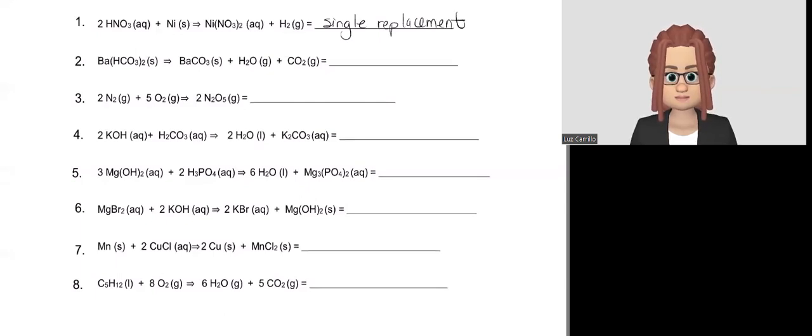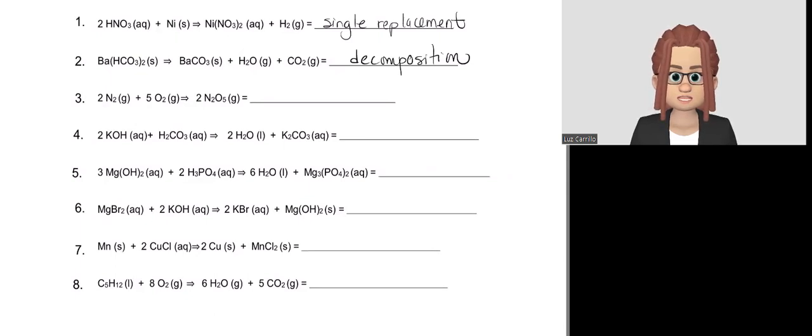When we look at the next one, we can observe that we have BaHCO3, and overall that produces BaCO3, water, and CO2. So in here, since we go from one substance into making multiple substances, this specifically is a decomposition.